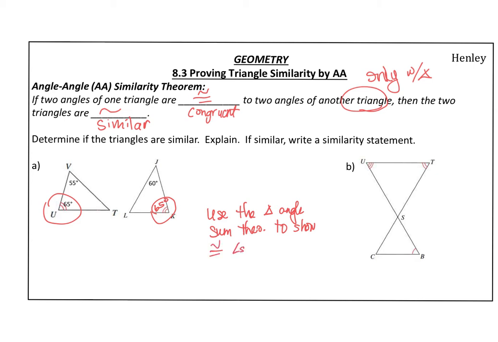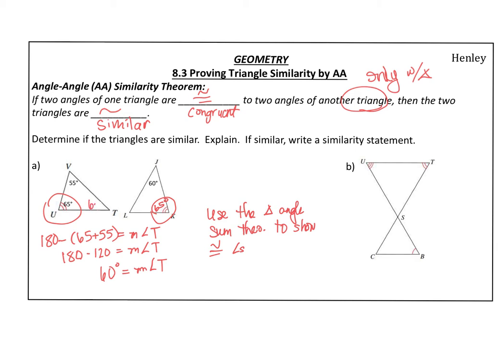Our triangle is 180 degrees, and we subtract what we know, 65 degrees plus 55 degrees, which gives us the measure of angle T. 65 plus 55 is 120. 180 minus 120 equals the measure of angle T, so 60 degrees equals the measure of angle T.